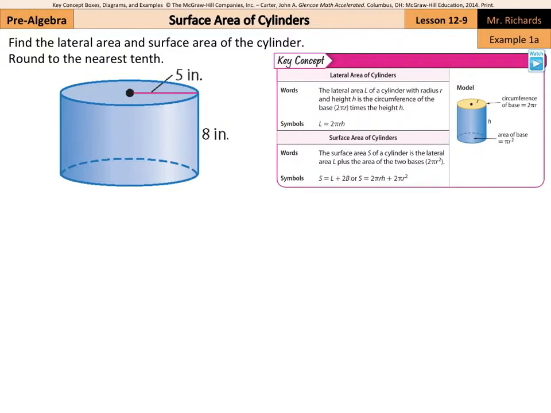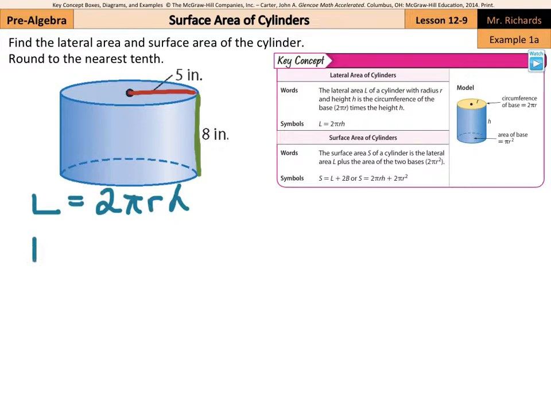And here we go with example 1a. Find the lateral area and surface area of the cylinder. Round to the nearest tenth. Let's start off by writing down our formula. Lateral area L is equal to 2 pi r h. Well, our height is going to be the 8, and our radius is going to be the 5.